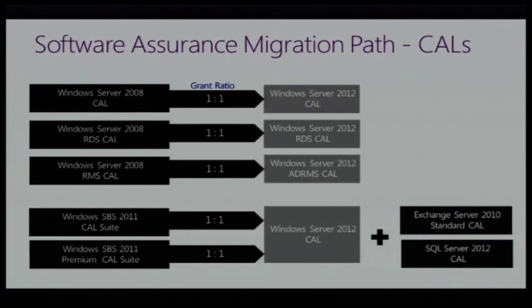CALs also receive migration grants for each software assurance customer. One Windows Server 2008 CAL receives one Windows Server 2012 CAL. See our diagram for details. Customers with one SBS 2011 CAL Suite or Premium Suite receive one Windows Server 2012 CAL plus Exchange CAL, or Windows Server 2012 CAL plus SQL Server 2012 CAL in the Premium migration.